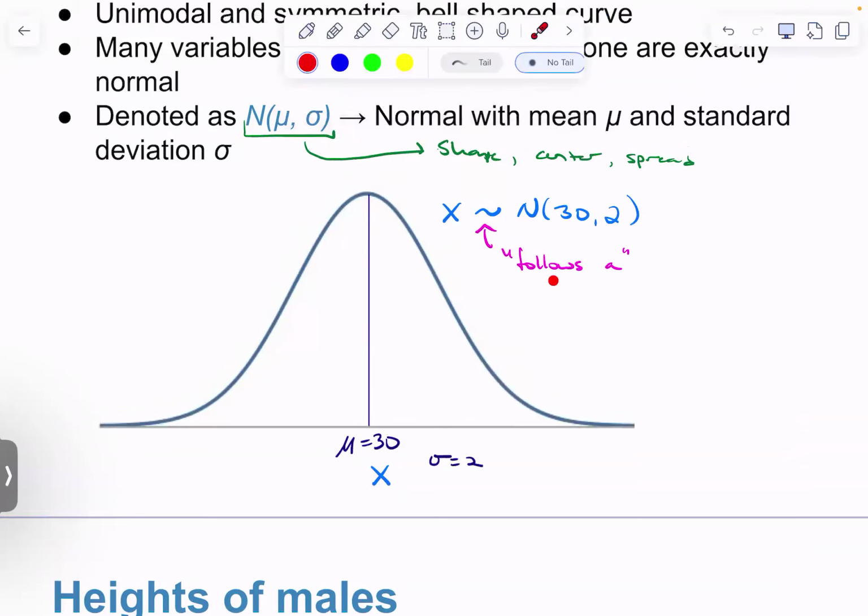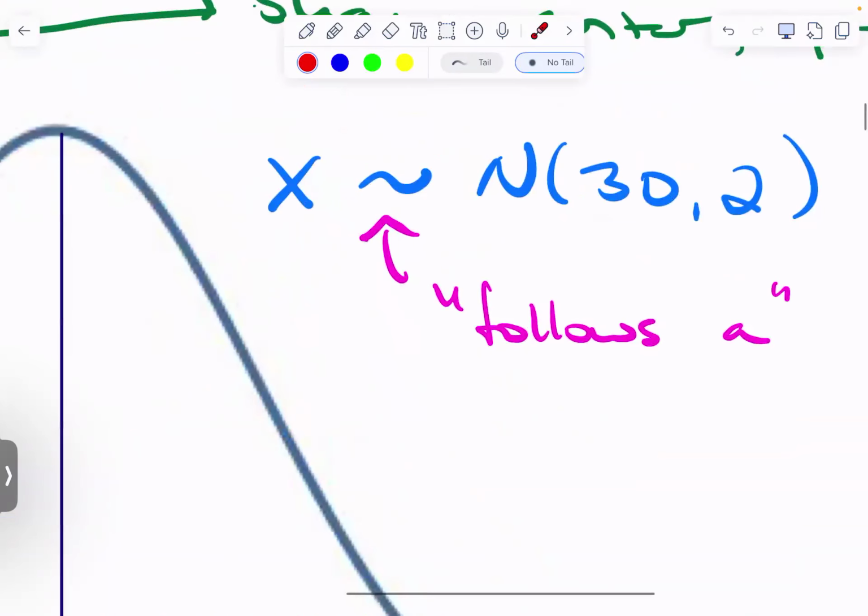Is it this part that's follows? It's a little tilde, think like this. It's a little snazzy thing. And you read it as follows, because we can have other distributions other than the normal, but so far we've only seen a normal.